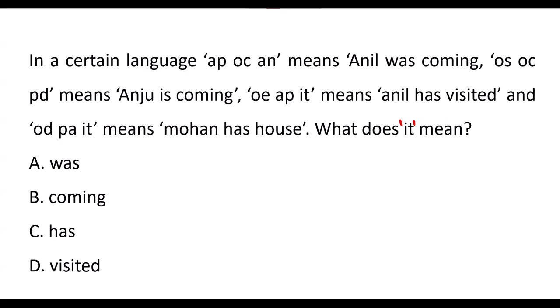The last two, right? So if we compare IT, the common word in these two is only has. So option C. If you see the flow, you may get confused, but what does IT mean means nothing but has. It is there in the last two lines. No need of the first one. Anil was coming, Anju is coming, that's not required. We can directly attack these two and answer.